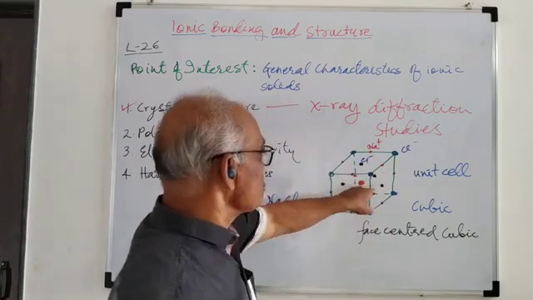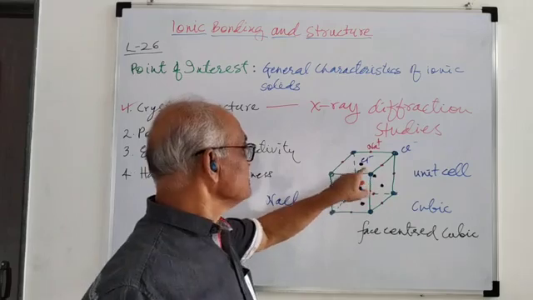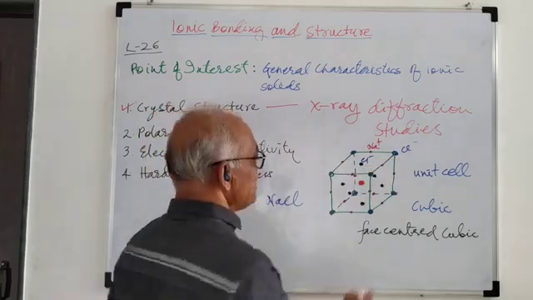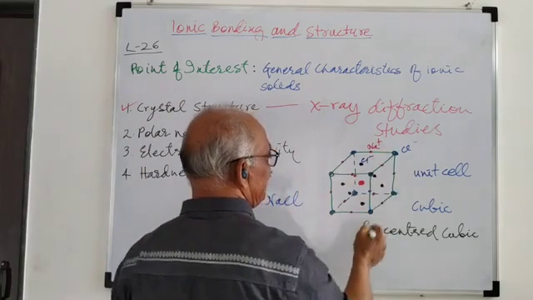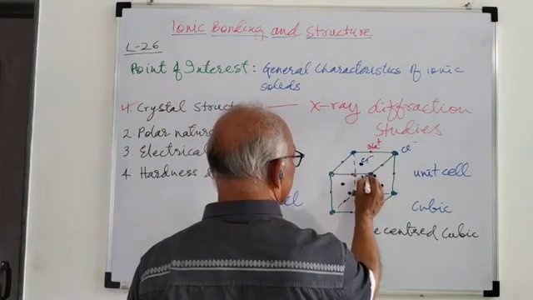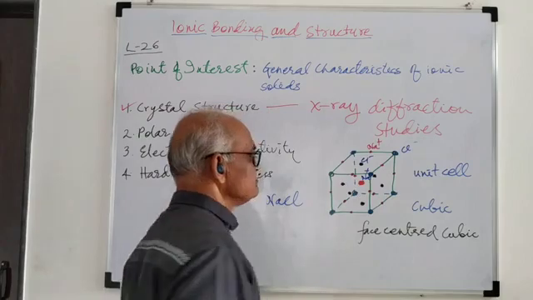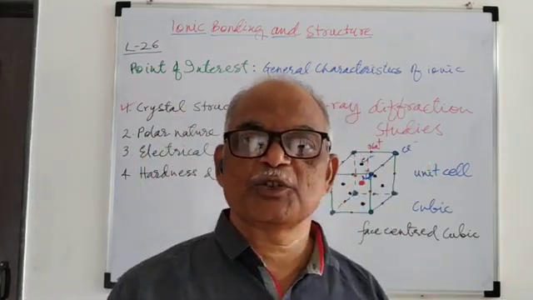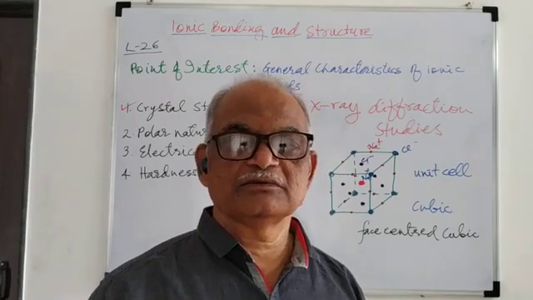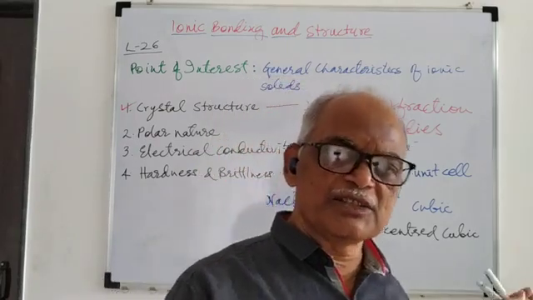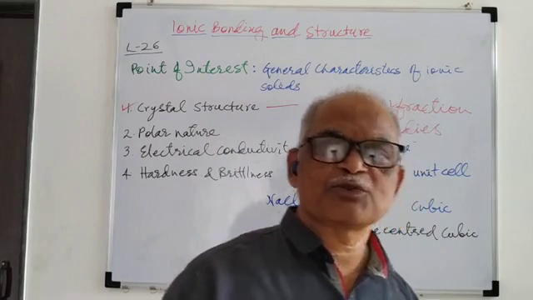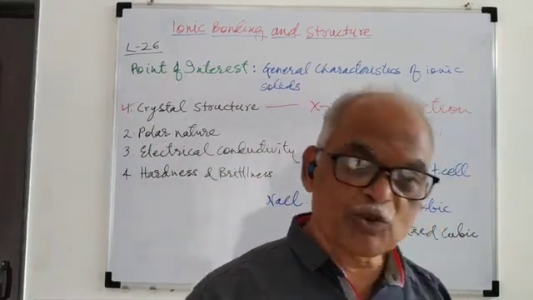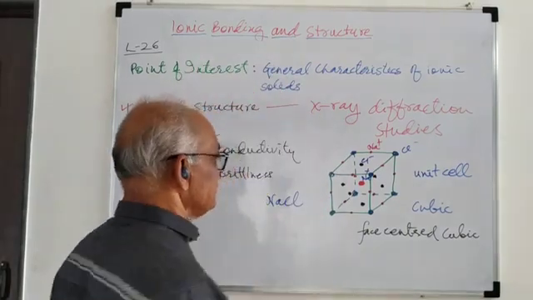Face centers are occupied by Cl minus. Corner positions are occupied by Cl minus. Edge centers are occupied by Na plus, and at the center there is Na plus. In this way we have the face centered cubic structure, shown in the case of sodium chloride. There are a variety of such structures shown by ionic solids.